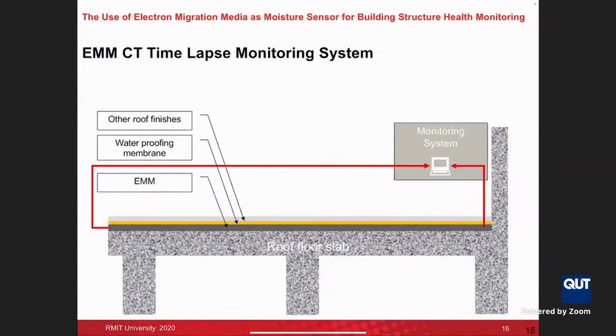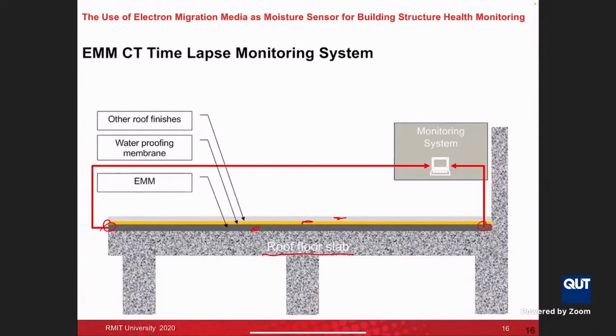In the next slide, this is a schematic diagram of the EMM system. You can see this is the reinforced concrete slab, the dark gray is the EMM, the waterproofing membrane is shown in yellow, and the floor tile in light gray. We input voltage from the left hand side or right hand side, and then we measure the voltage on the other side.